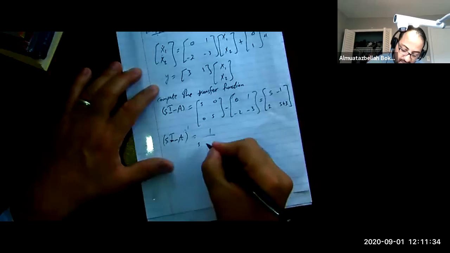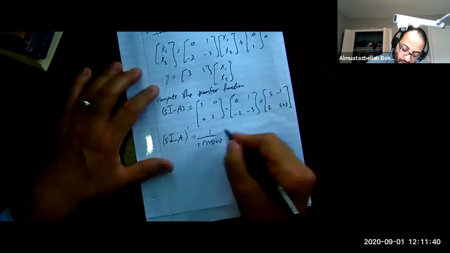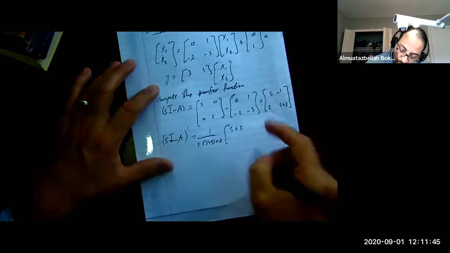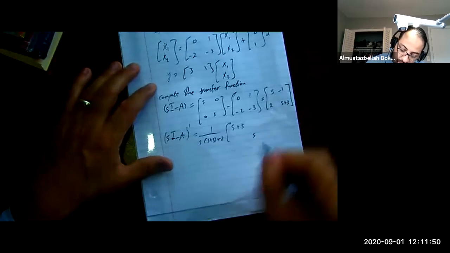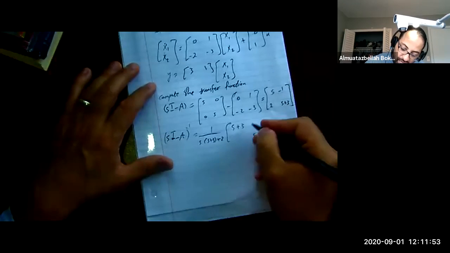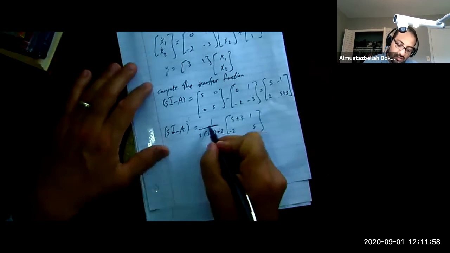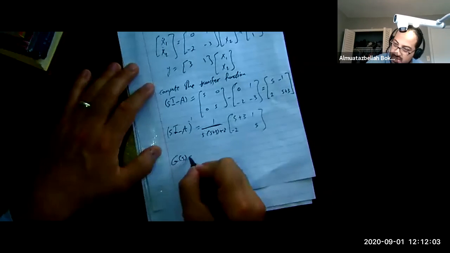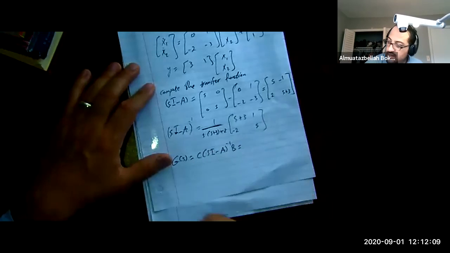That means 1 over the determinant, and the determinant here is s times (s plus 3) plus 2, times the adjoint, where you swap the diagonal elements and change the sign of the off diagonal elements. So that's your inverse.